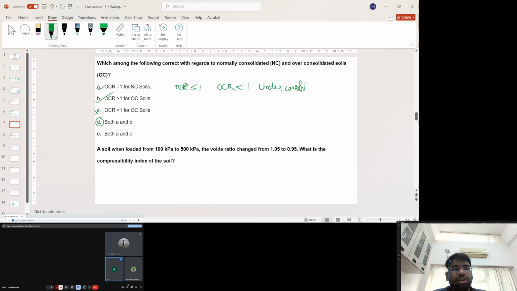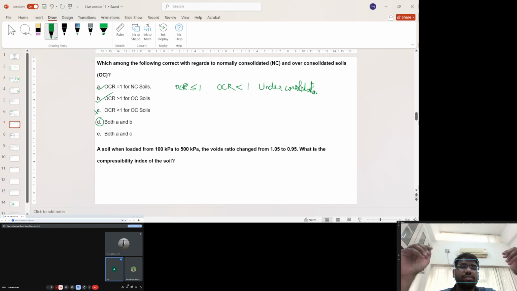But when we do the calculations using the e versus log sigma dash curve, and we use Cc and Cs, we apply the criterion whether the total applied stress is greater than or less than the pre-consolidation stress.